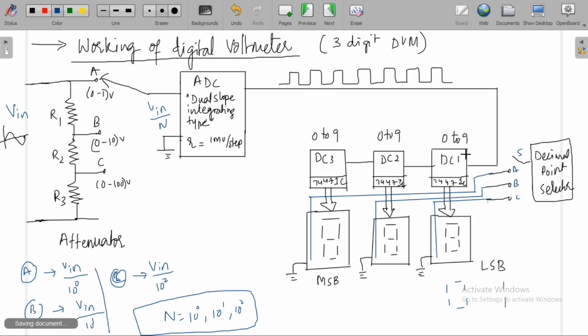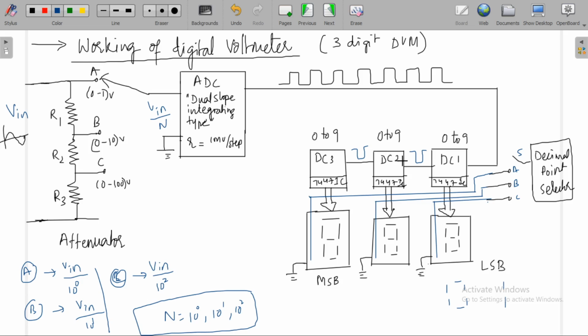After counting 9 pulses, this DC2 will start counting overflow pulses. First, DC1 will count from 0 to 9. When it comes to the 10th pulse, DC2 starts counting from 0 to 9.